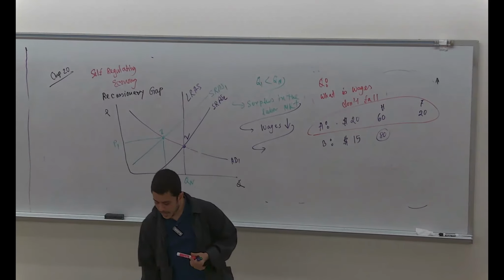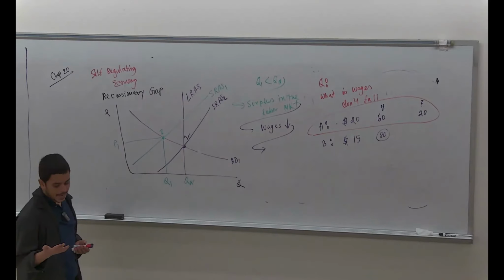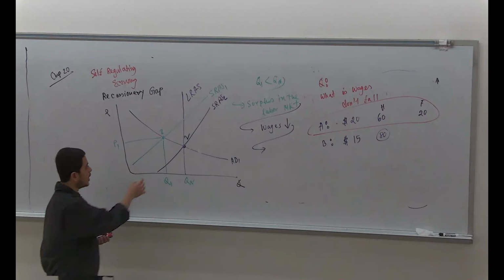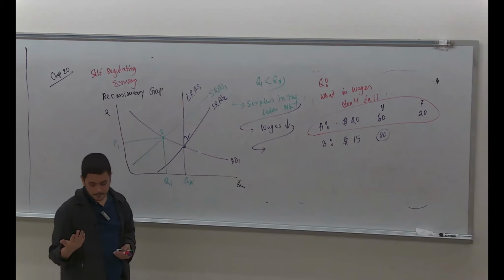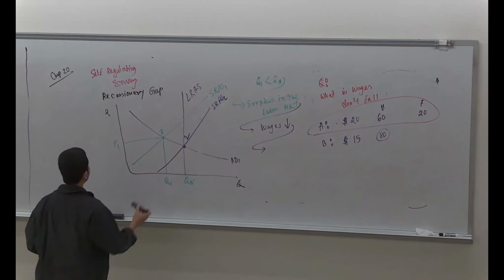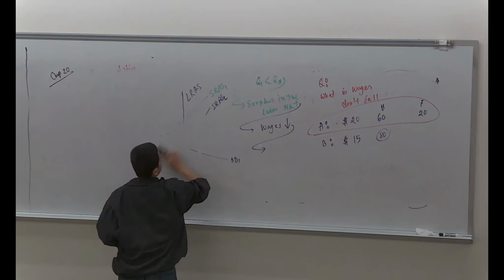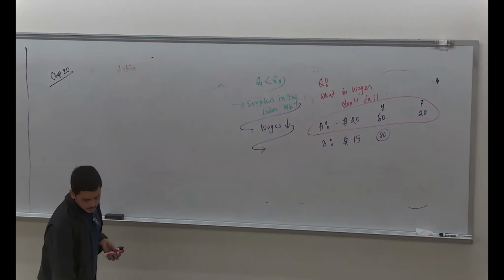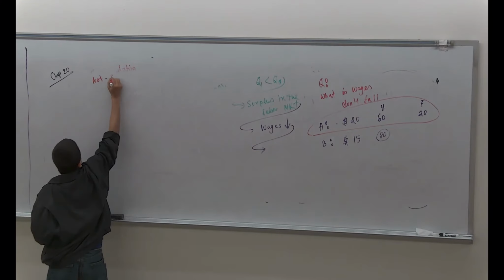Keynes argued that in this case the government can help to solve this issue, because wages are not falling, we're not coming back to equilibrium. How can the government help? Because it's not self-regulating.